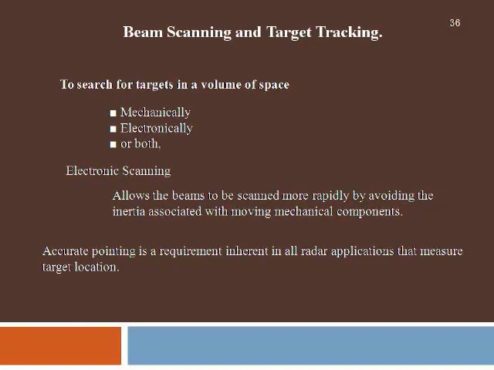The inertia plays a very important role between these two types. In electronic scanning, as the antenna is not moved at all and only the beam is moved by electronic means, there is no inertia. Hence, the beam can be moved at very high speed. So accurate pointing is a requirement inherent in all radar applications that measure target location.